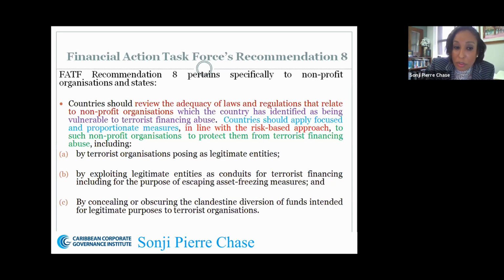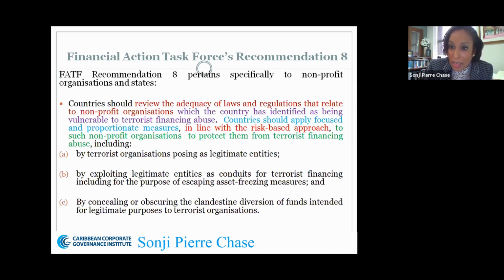And these include, of course, terrorist organizations posing as legitimate entities, exploiting legitimate entities to be conduits for terrorist financing, and of course, concealing or obscuring the clandestine diversion of funds.